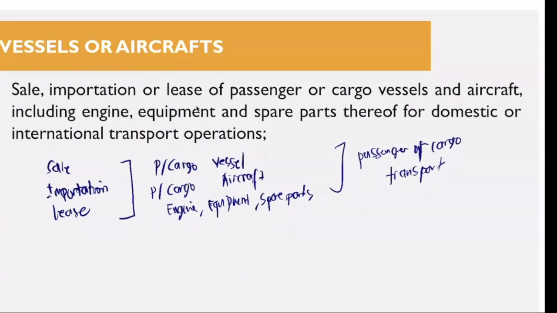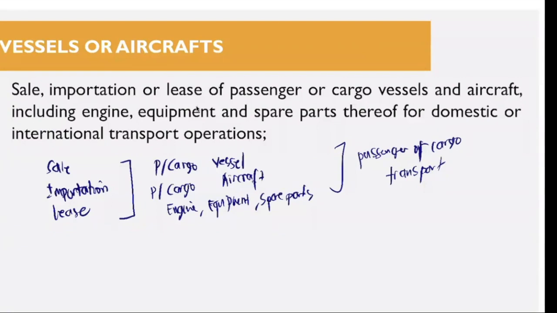So, pag sinabing vessel, guys, ang ibig sabihin niyan, yan ay yung mga vehicles used for sea. Pag aircraft naman, vehicles used sa air. Okay. So, if that vessel or aircraft is intended for passenger or cargo, pag passenger, ibig sabihin yung vessel, ginagamit lang for passengers. So, yan yung mga ferries ninyo, boats. Pwede rin na yung vessel is intended only for cargo.